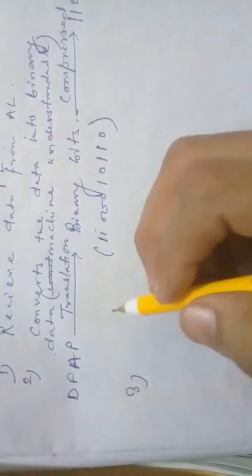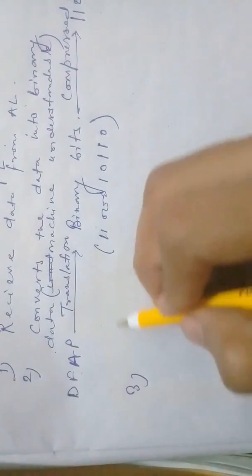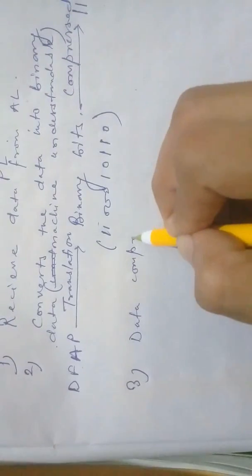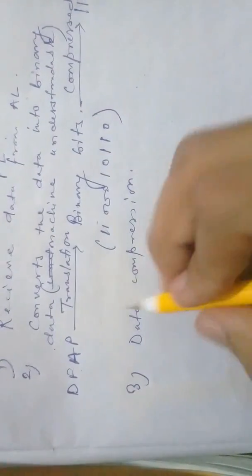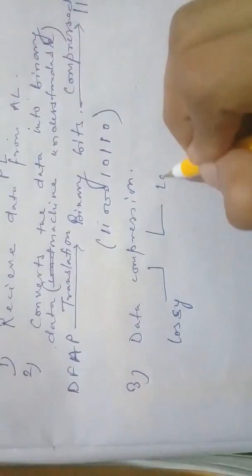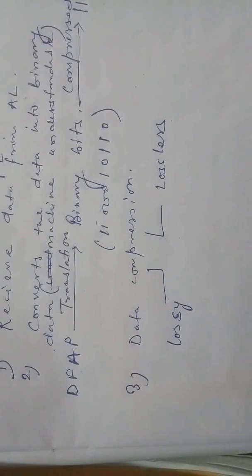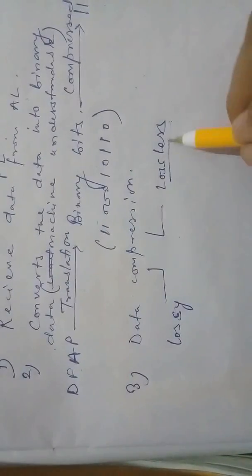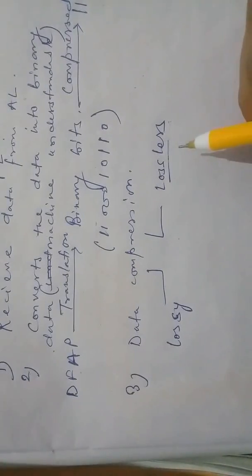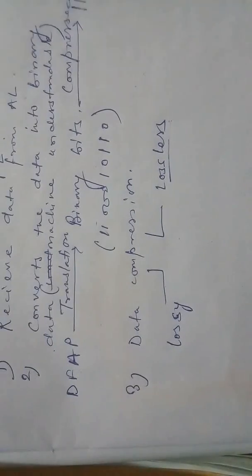The third function is to perform data compression. Data compression may be lossy or lossless. Lossy means it loses some data during compression, and lossless is the most preferable, in which the data does not lose any bit during compression.